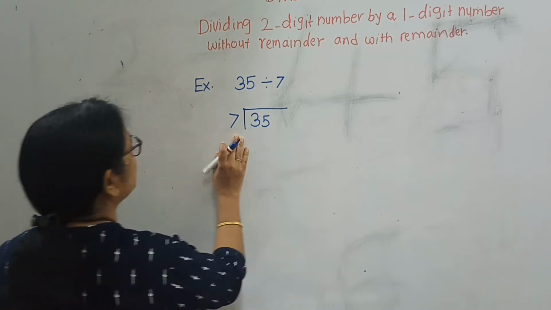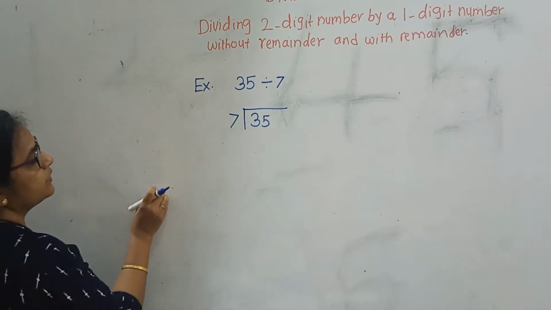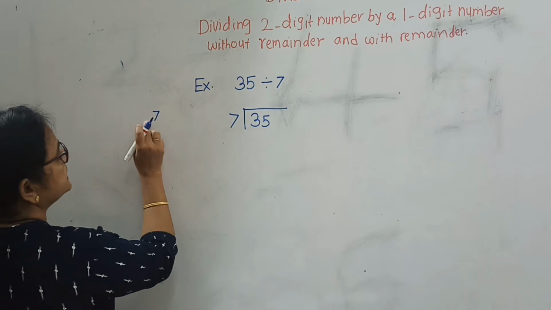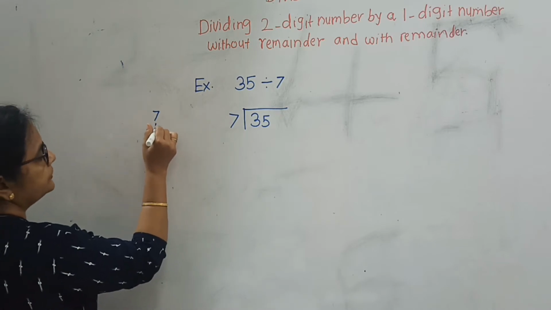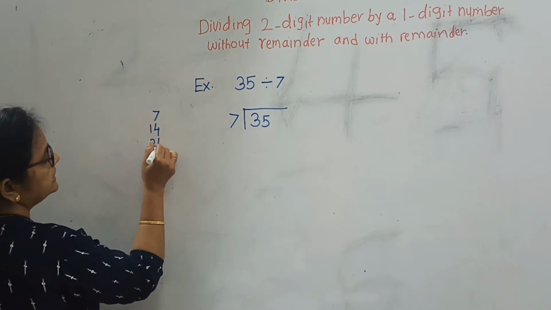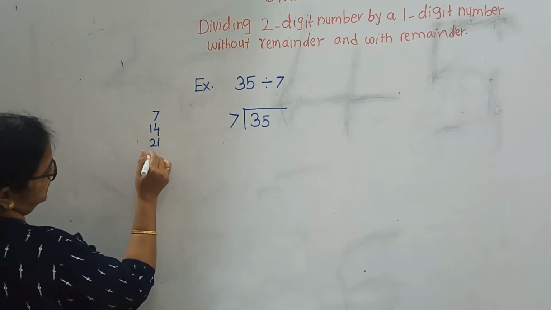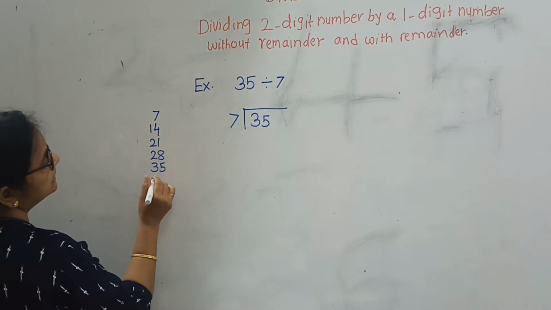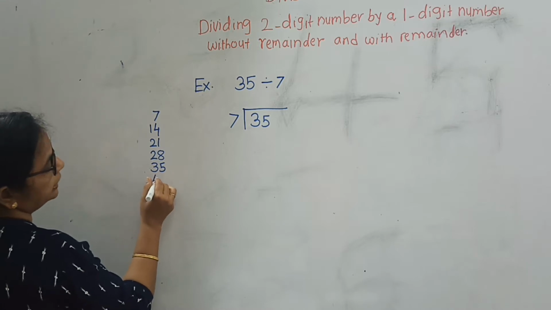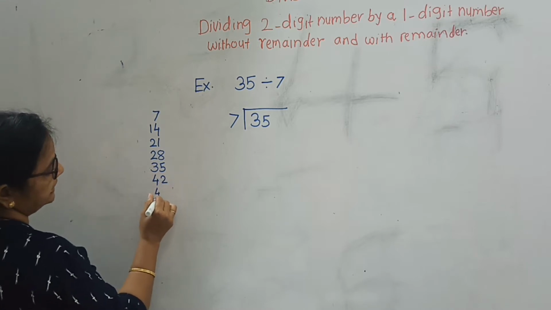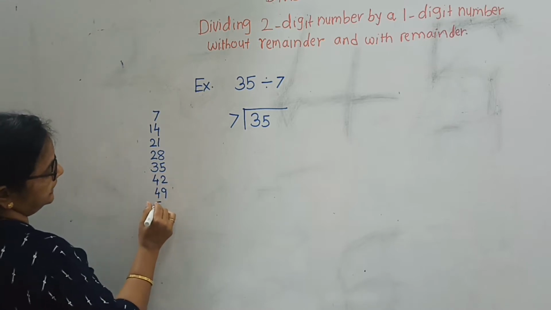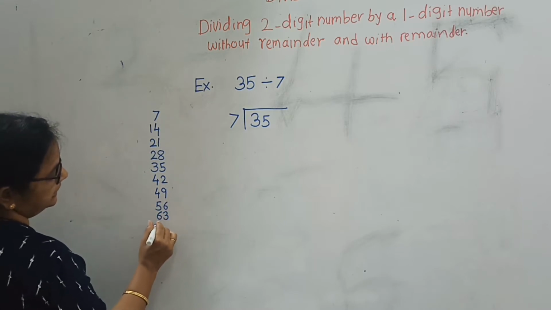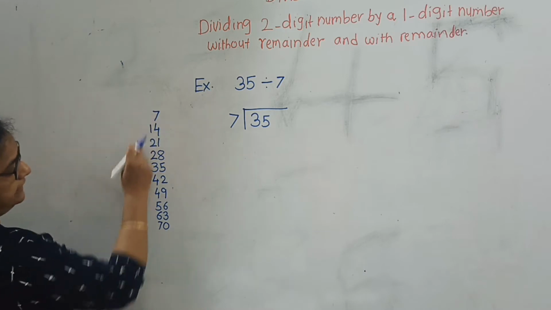You can write this table in small handwriting. 7 1s are 7, 7 2s are 14, 7 3s are 21, 7 4s are 28, 7 5s are 35, 7 6s are 42, 7 7s are 49, 7 8s are 56, 7 9s are 63, 7 10s are 70.